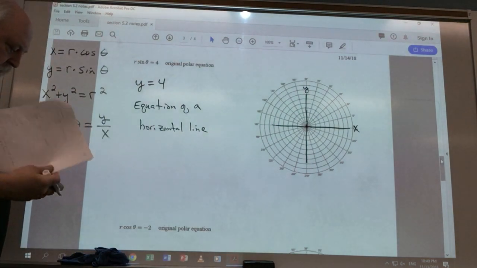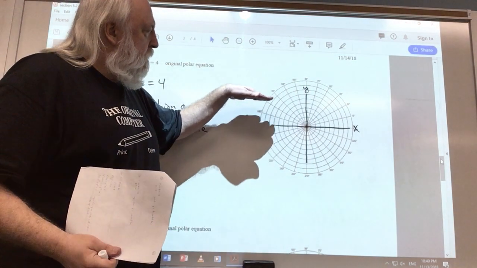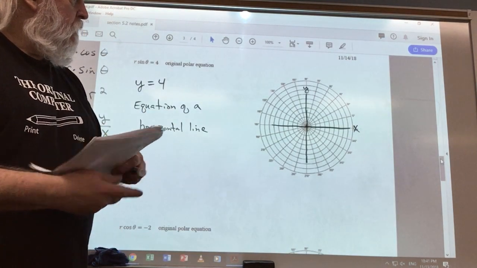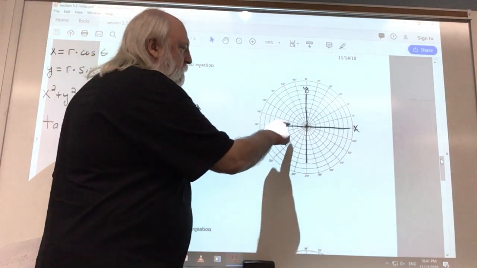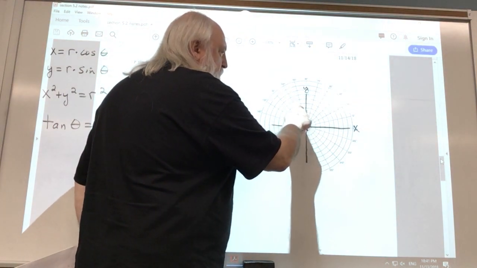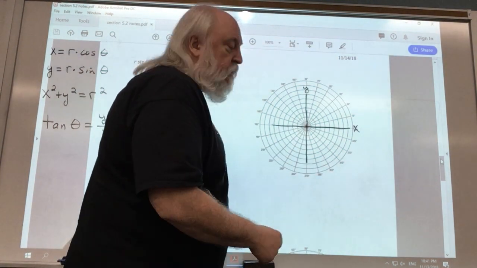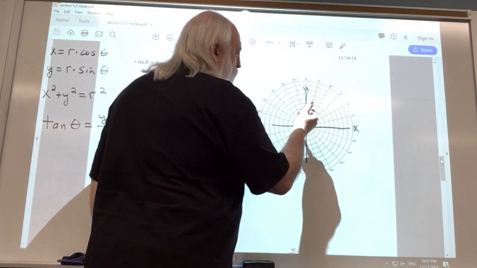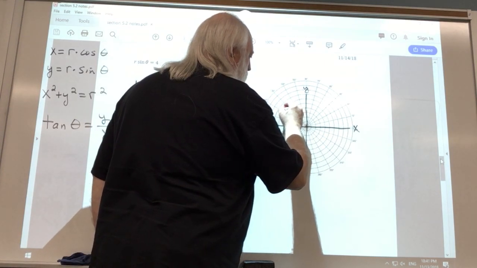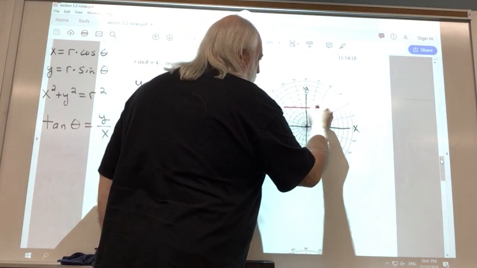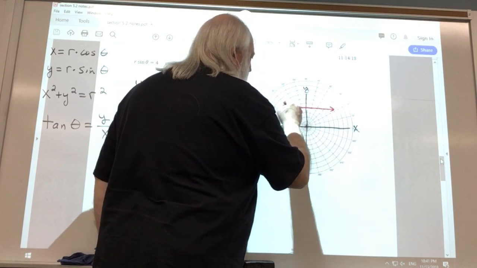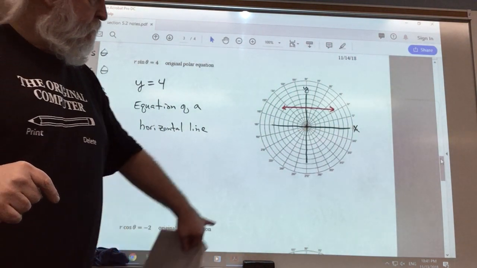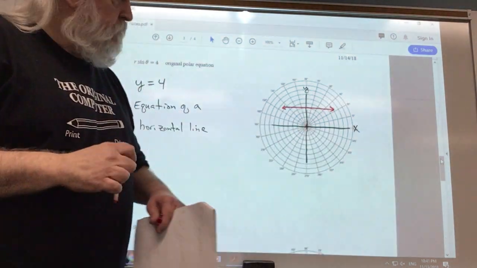And to draw the horizontal line, you know the horizontal line crosses the y-axis at y equals 4. So if the distance between each unit of the y-axis is one concentric circle, starting at the origin, I go up 1, 2, 3, 4 concentric circles, and I draw a horizontal line. And this horizontal line will just touch the top of the 4th circle from the pole.